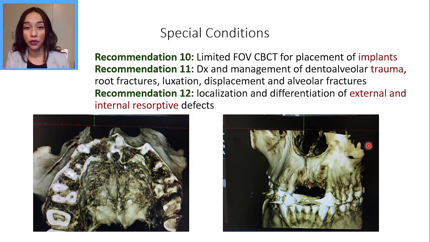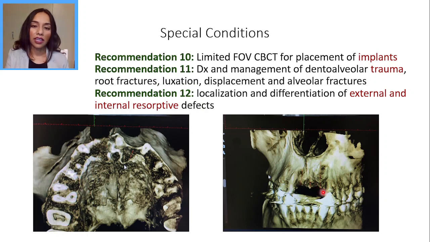All right, and I think that's a great segue into this slide here, in which CBCT can be used to help with the placement of implants. These two images are ones that I took of my patient during my residency year. This patient wanted anterior maxillary implants, and so we took a CBCT so that we could get a better understanding of the bone density, and in this specific case, we found a mesial defect, mesial to tooth number 11.